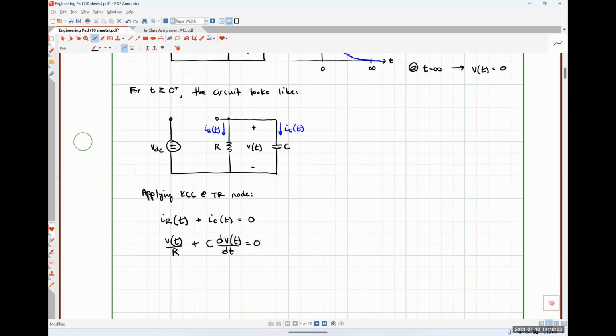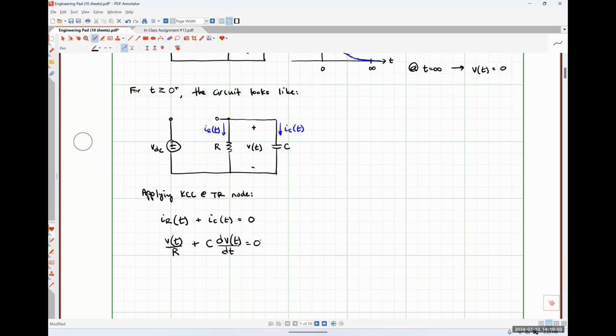Our ultimate goal here is to figure out what V of T is doing between T equal to 0 and T equal to infinity. We can see from this expression that our voltage multiplied by a coefficient of 1 over R plus the derivative of our voltage multiplied by a coefficient of C has to equal 0.